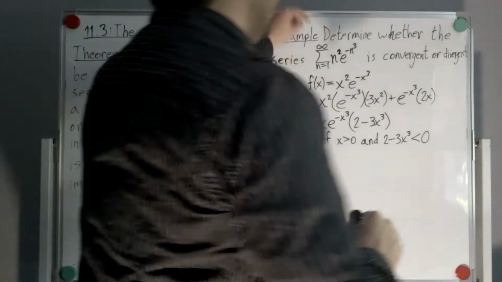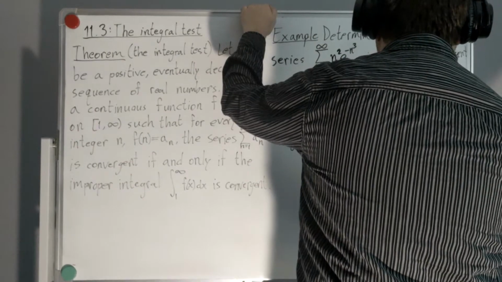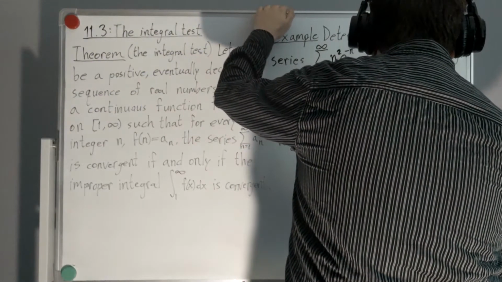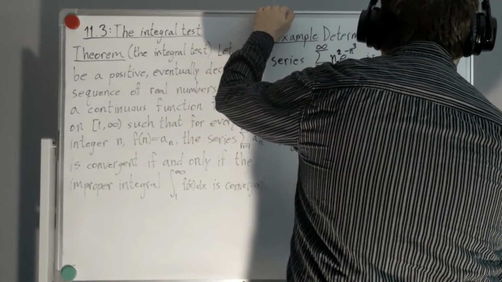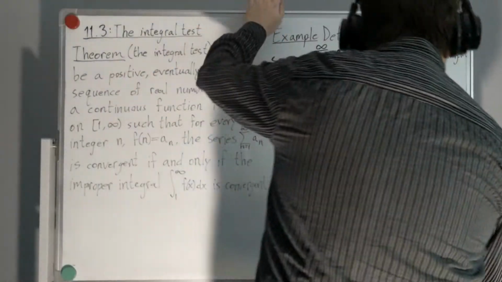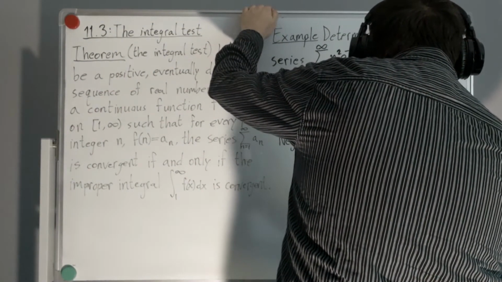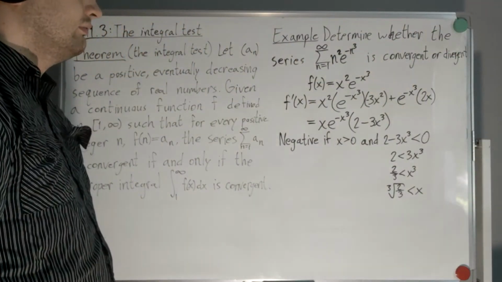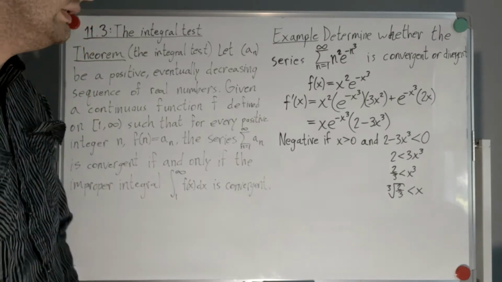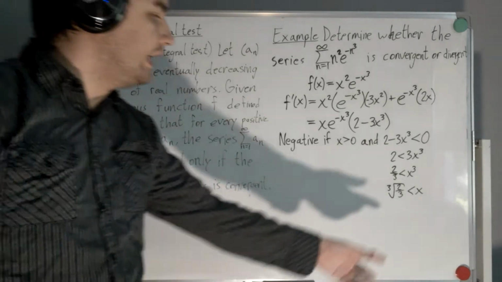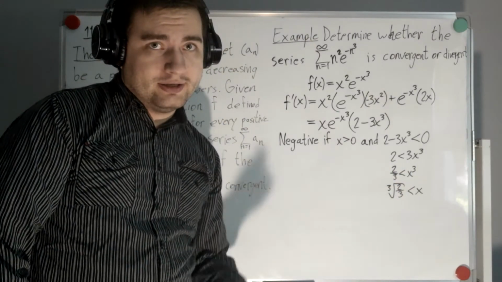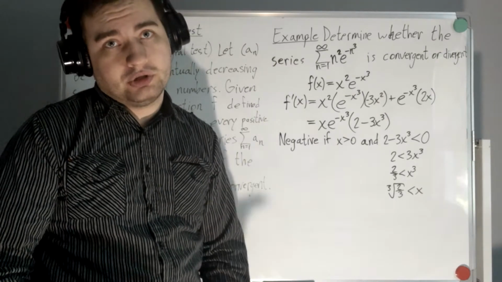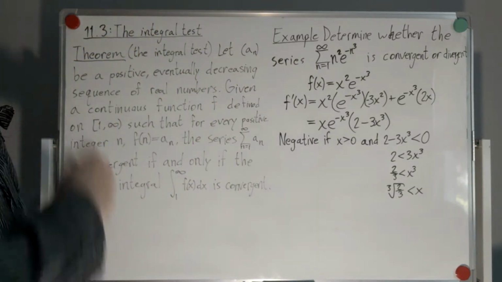By the way, that's the same statement as 2 is less than 3x cubed, which is the same statement as 2/3 is less than x cubed, which is the same statement as the cube root of 2/3 is less than x. Okay? So what this tells us is that as long as x is larger than the cube root of 2/3, this will be a decreasing function, and that means that the sequence is, in turn, eventually decreasing. Okay?